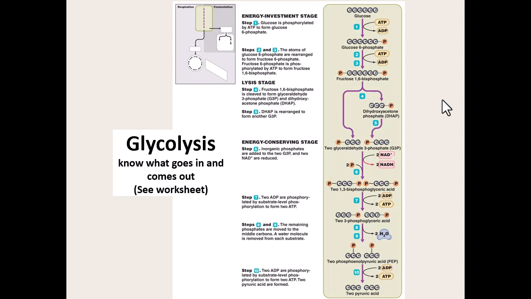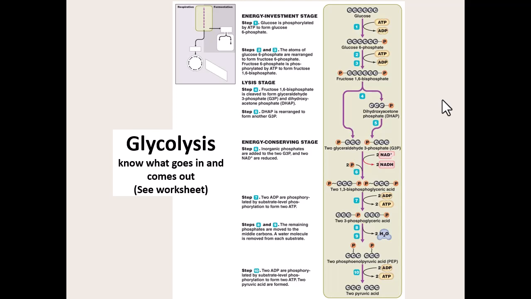Now, so we have our starting molecule, our glucose. We have our ending product of 2 pyruvic acid. All we've done so far by breaking down glucose is put energy in, and our whole job in catabolism, when we break stuff down, is that it releases energy.